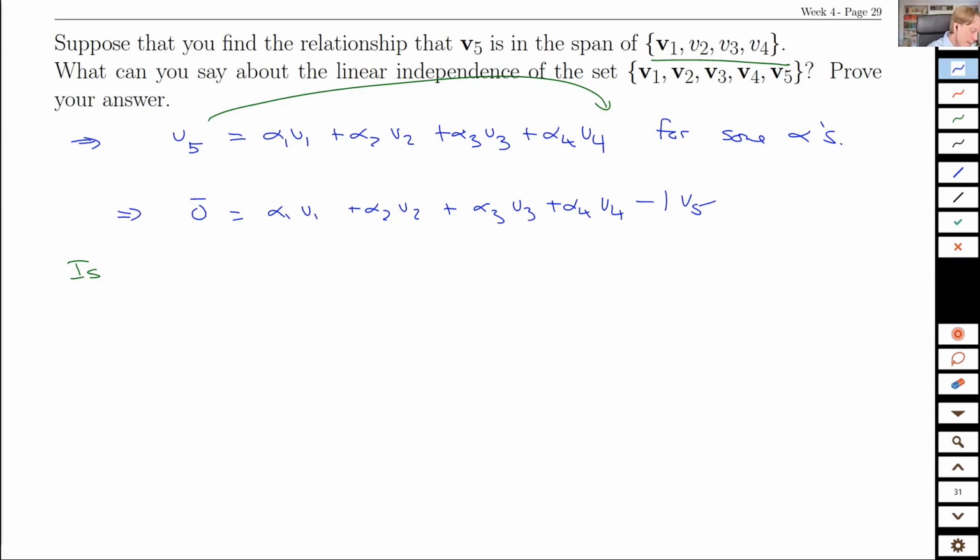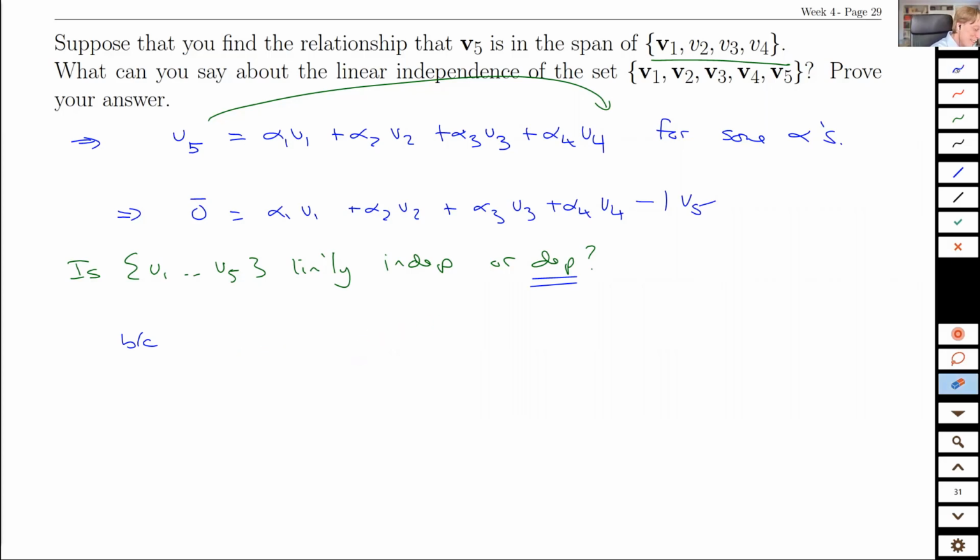So is the set V1 through V5 linearly independent or dependent? Well, hopefully you're flashing to dependent right now, because there's this equation that equals the zero vector. I should copy it.